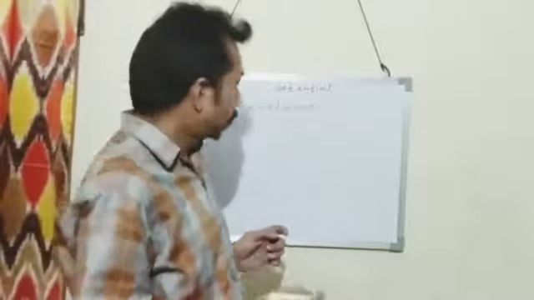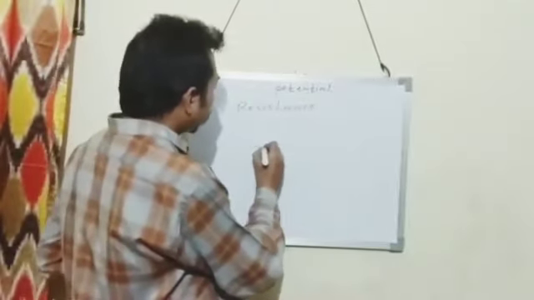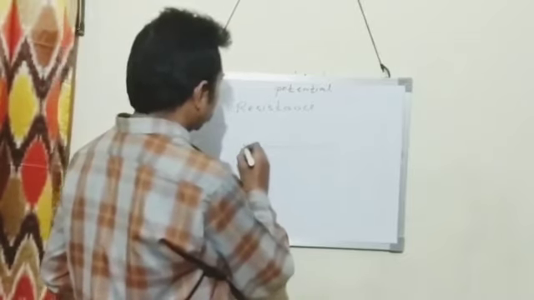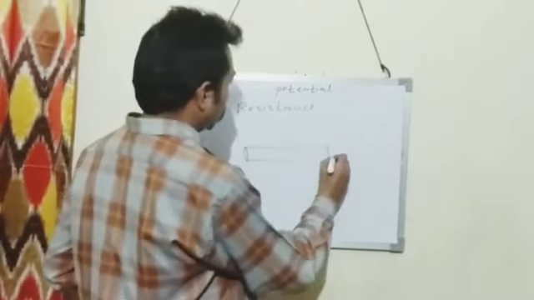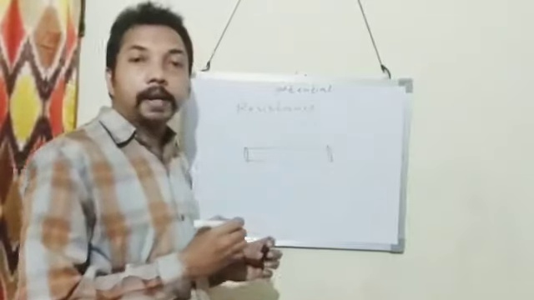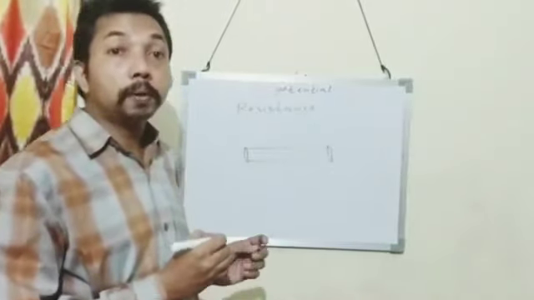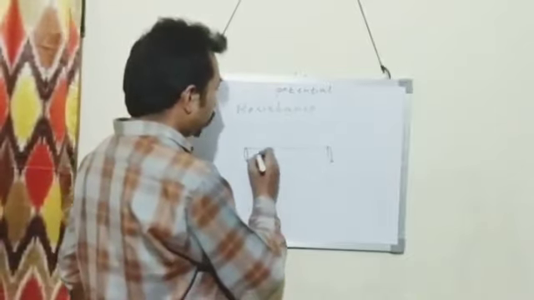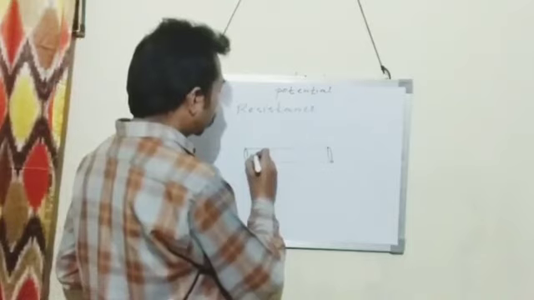Resistance. Suppose that we take a conductor. So this is a conductor. A conductor has a number of free electrons.